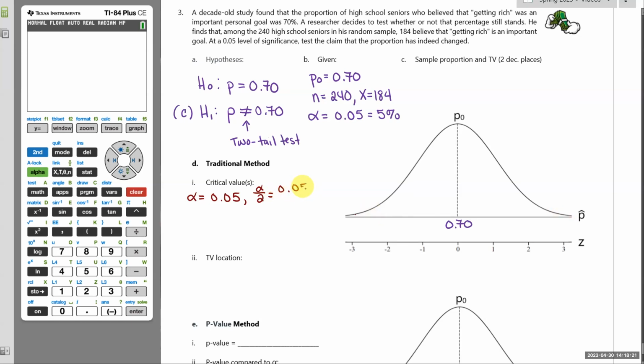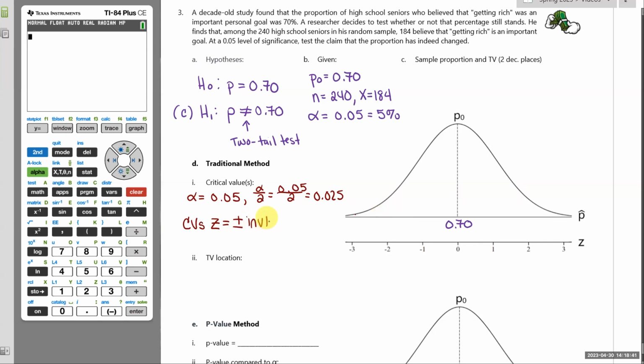So for two-tail tests, we need to remember to divide our alpha by 2. So for the critical values z, and I'm sorry, it's plural, there'll be 2 of them, plus or minus. We'll have one on the left and one on the right.